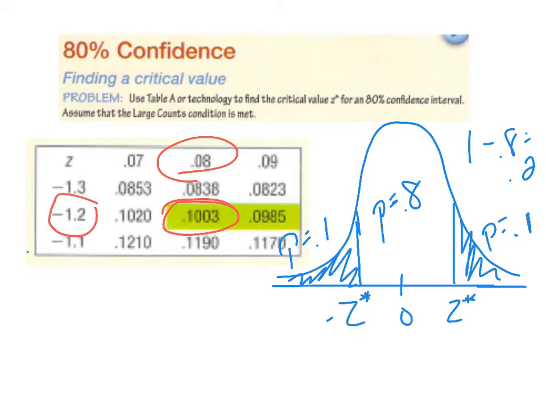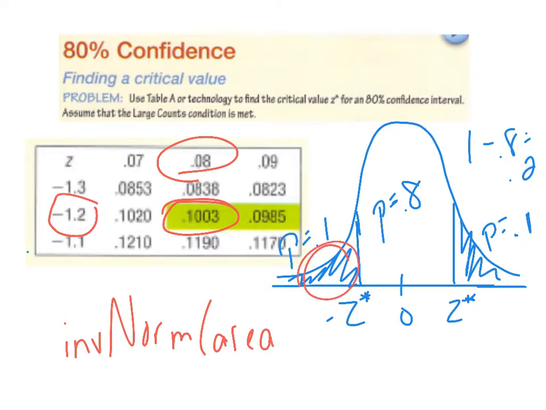So if you're using your calculator, you're going to use the inverse norm function. Your area that you're looking for is not 0.2, it's just one of the tails, so your area is 0.1. My mean is 0 because this is a standard normal curve, and my standard deviation is 1.